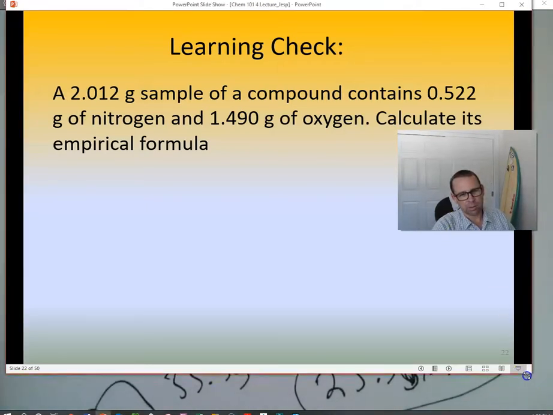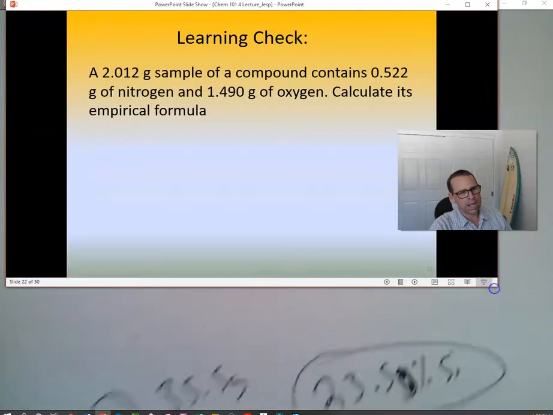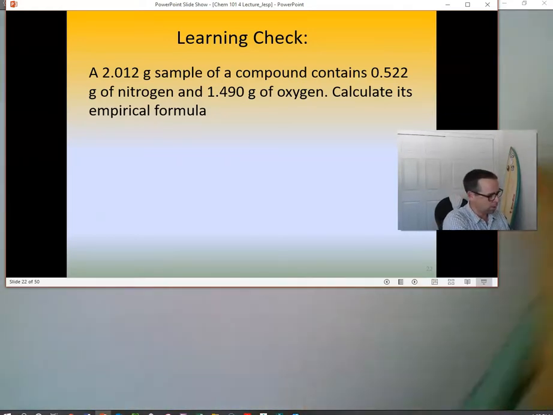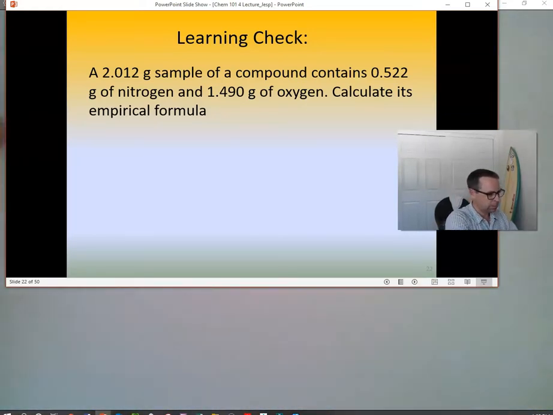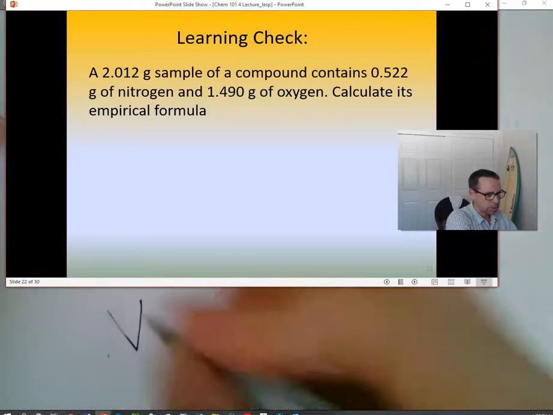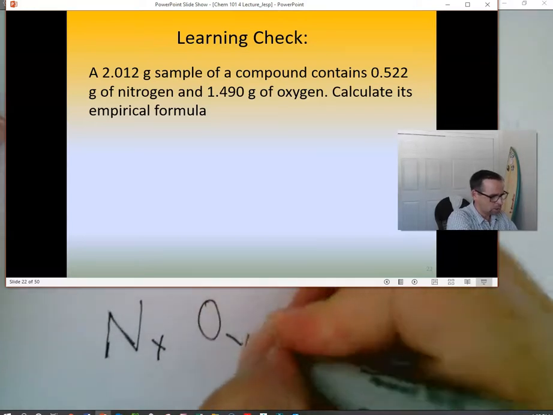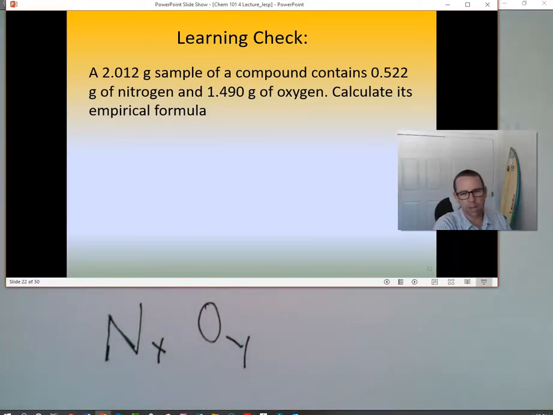In the end, we want to have the chemical formula, nitrogen and oxygen, and we need to know X and Y, right? That's what an empirical formula is.